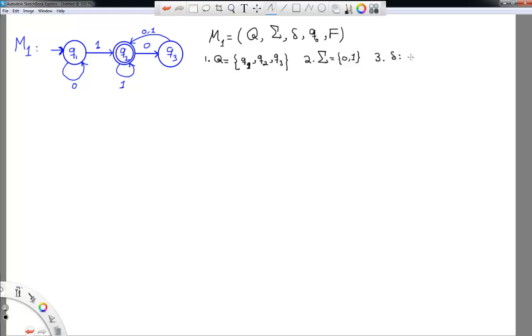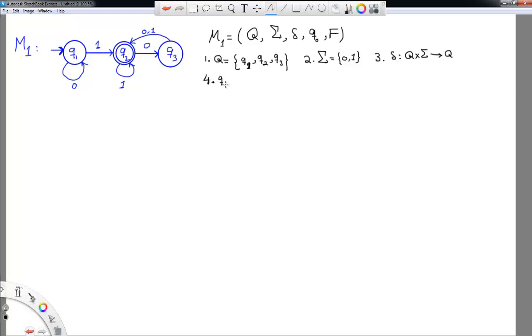So it's going to be a function from Q cross product sigma over the range of Q. But I still need to specify that. I'm going to come back to that a little later. The fourth element is my start state.